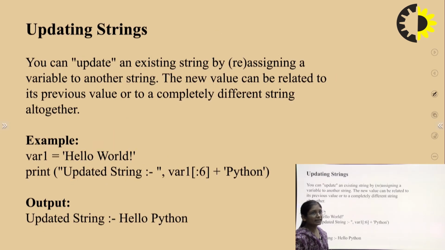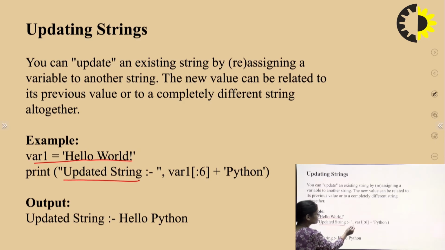Now, updating a string. How can you update a string? You can update an existing string by reassigning the variable to another string. The new value can be related to its previous value or to a completely different string altogether. Here variable 1 is hello world, print is update string.